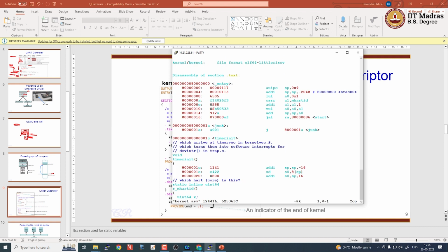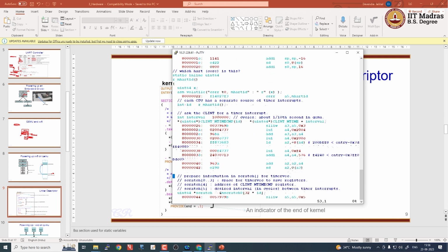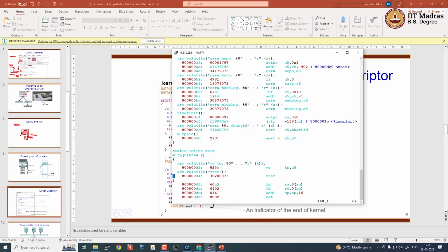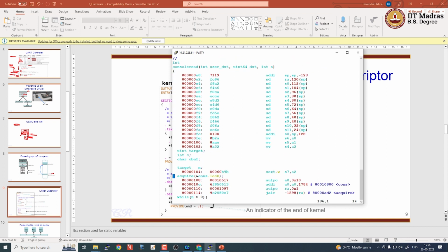So we see a large set of instructions of machine level, very low level code.